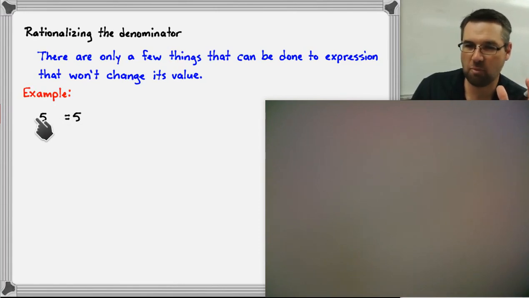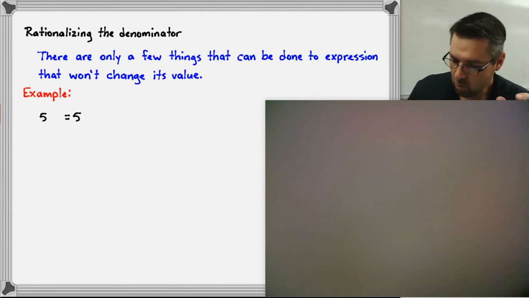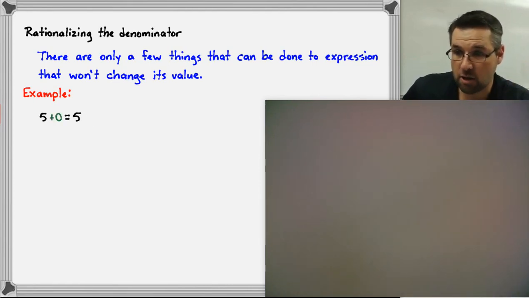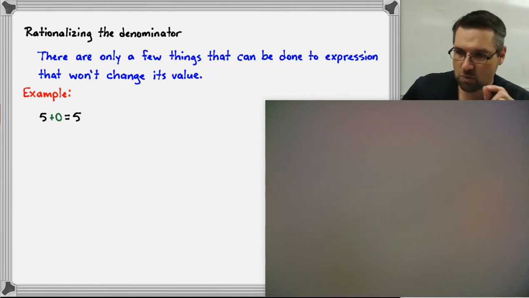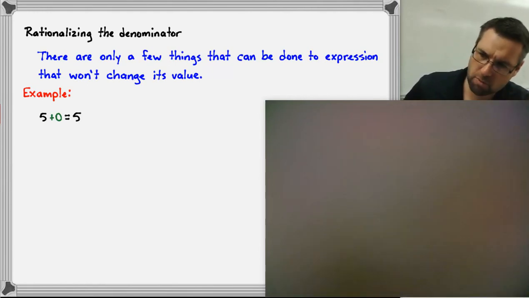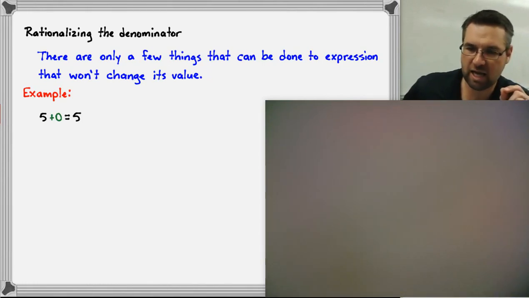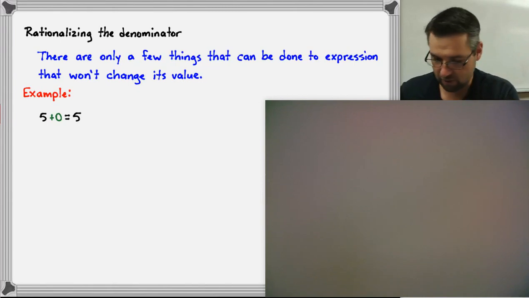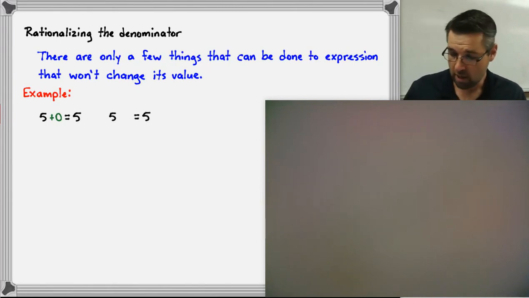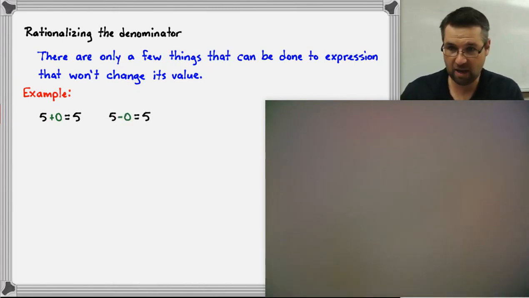What operation could I do with 5 that equals 5? Well, we could add 0, right? 5 plus 0 is 5. We did something, but it didn't change the result. And that's an important part of math. We don't want to change an answer. We don't want to change a value. We just want to make it look different. Well, we could also subtract 0. 5 minus 0 is 5.